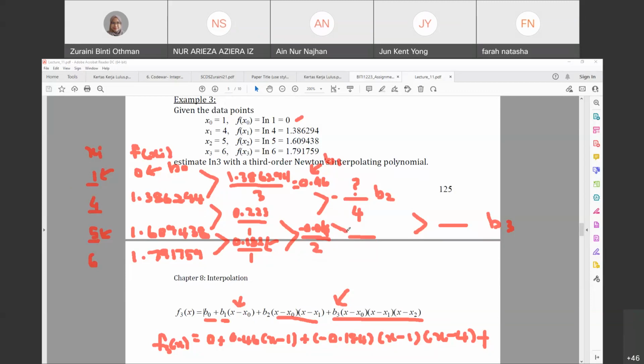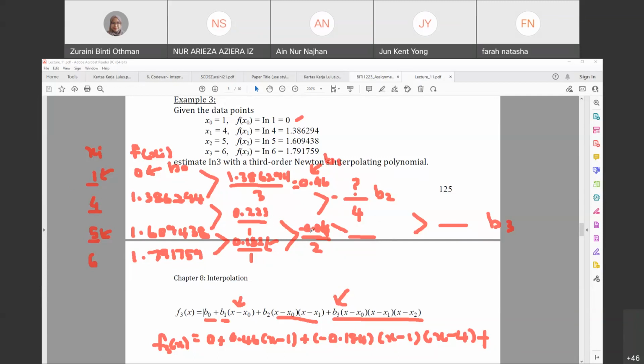Okay, so negatif 0.02 dekat situ. Yang ni dah dapat dekat sini. So dia dapat B2. Kejap ya, macam confused sikit. Ini dekat bawah. Ni kira B3.